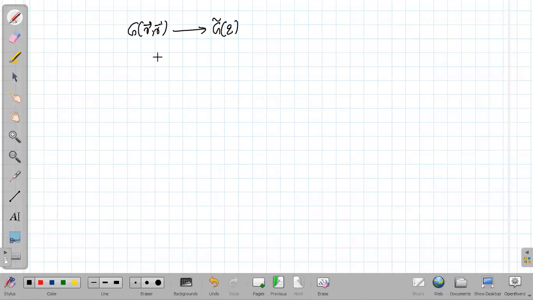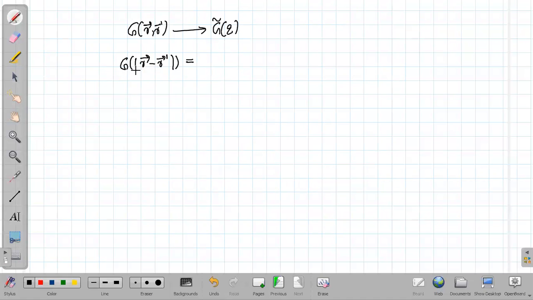So how will you define this G tilde? G of r comma r prime would depend only on G of modulus of r minus r prime, because the Green's function is translation invariant.